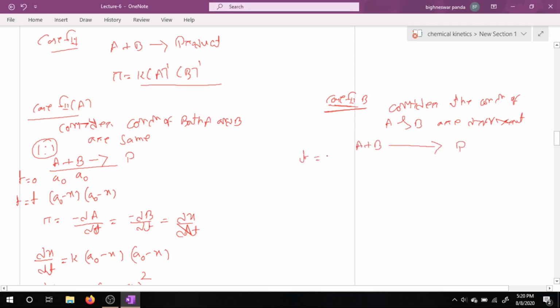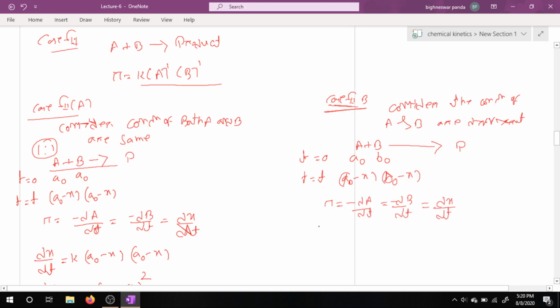When time t is equal to 0, A has initial concentration A naught and B has initial concentration B naught, since A and B have different concentrations. When t is equal to t, I can write A naught minus x, and B naught minus x. So here I can write R equal to minus dA by dt, equal to minus dB by dt, equal to dx by dt.